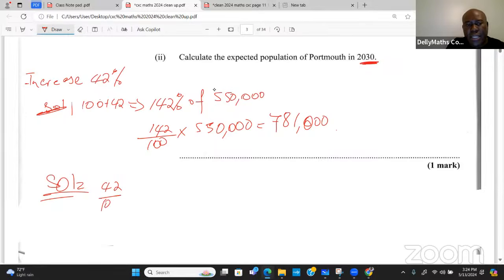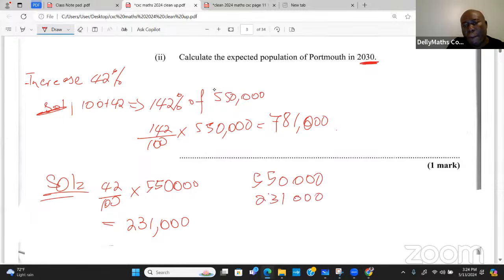So you can do it that way, all right? So 42% of 550,000 is going to give us 231,000. So now what we're going to do is to combine the 550 plus the 231, and we're looking at 781,000.